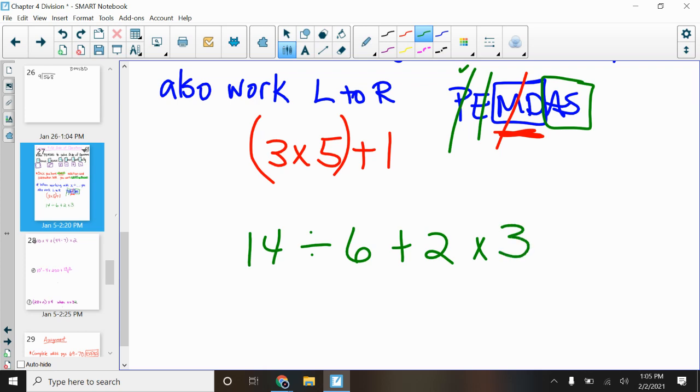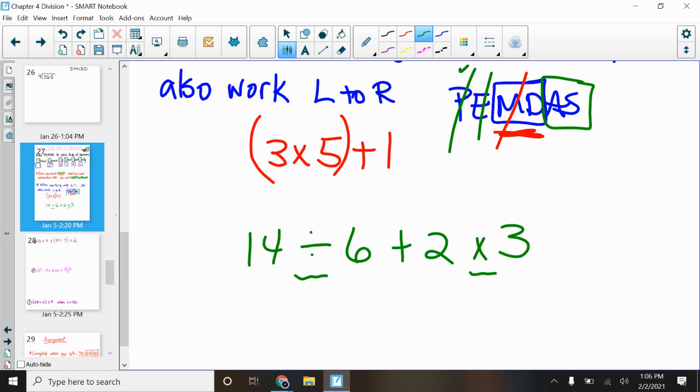Okay? Her question is, in this example, I don't see any parentheses. Do you? No. Do you see any exponents? No. So we've reached the multiplication and division group. I've got to do which first, because I see some multiplication way down here, but I see some division over here. What am I going to do first, Olivia?